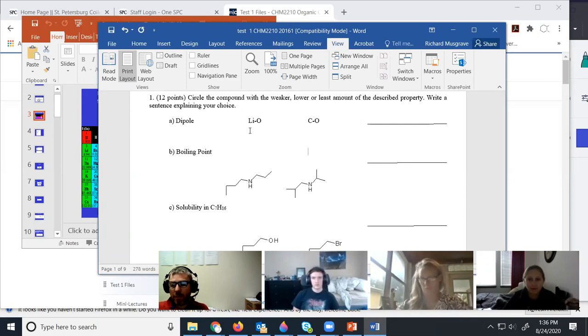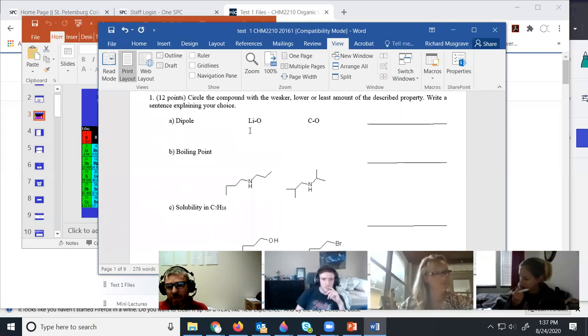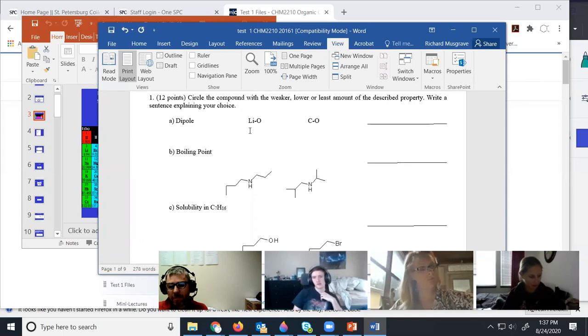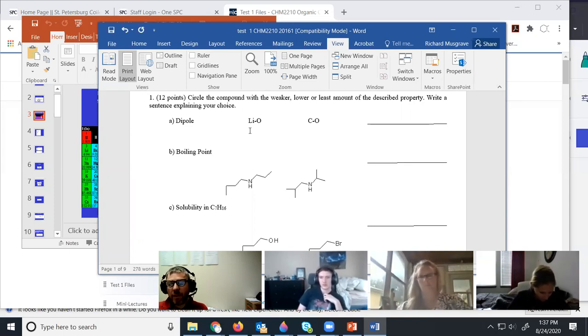So the greater the difference of electronegativity, the greater the dipole? Yeah, greater difference in electronegativity though. Greater difference, okay. And it's asking for the least, so it would be the CO, okay. Yeah, that's right. That's exactly it. But the reasoning here, if you just put lesser difference in electronegativity, I'm happy as Larry.